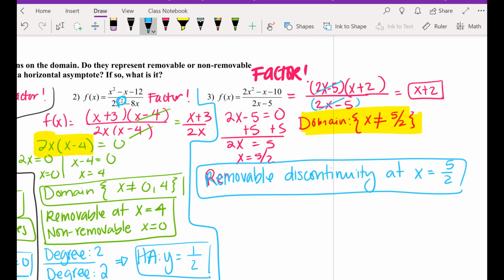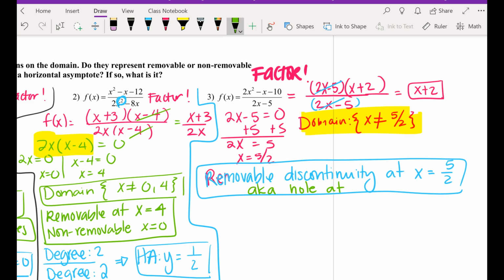The removable is equal to, but the domain is what's not equal to. Brandon? Whenever there's giant words, we write "hole." Yes, you can totally write "hole at." But if I spell out removable, then you also need to know hole is the same.